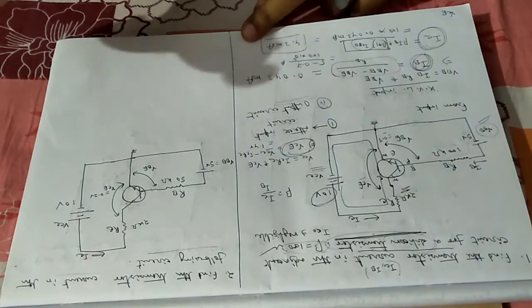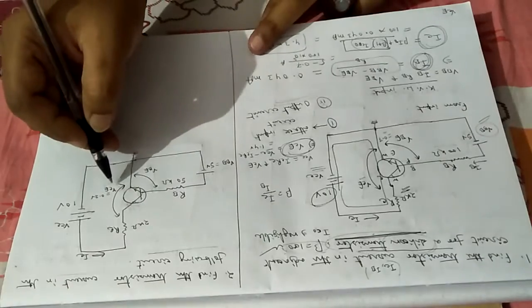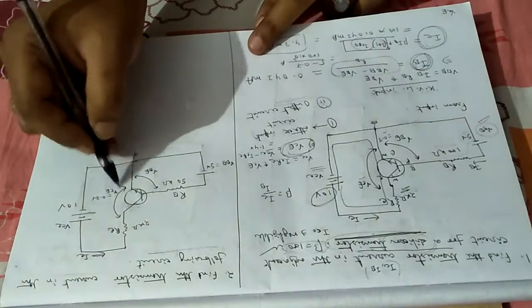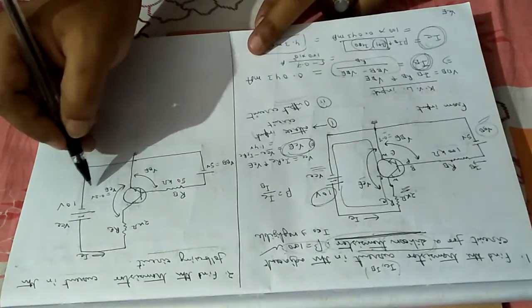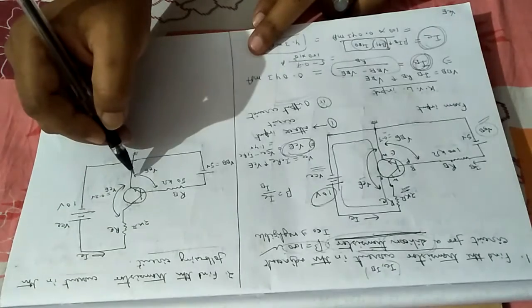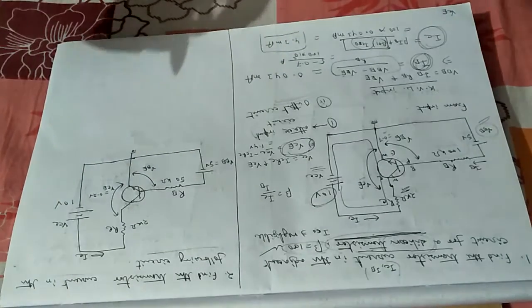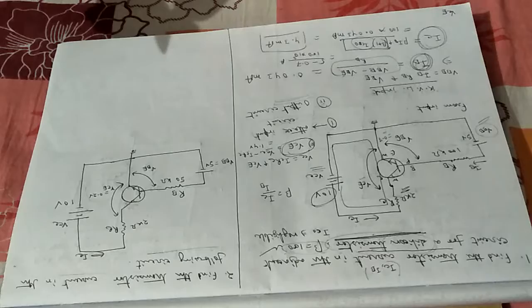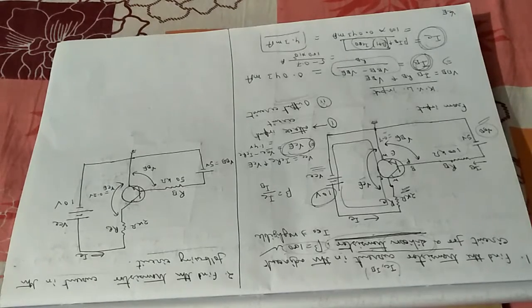Nothing, almost same. Only the difference is here the value of VCE is given. VCE, the voltage drop, is given. Okay, VBE is not given, so you have to anyhow consider it to be a silicon transistor, and you have to consider the value of this VBE to be 0.7 volt. Then you have to proceed accordingly.